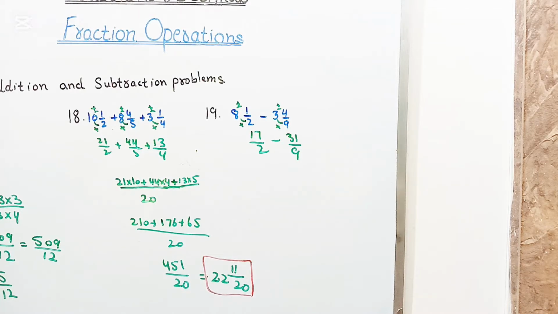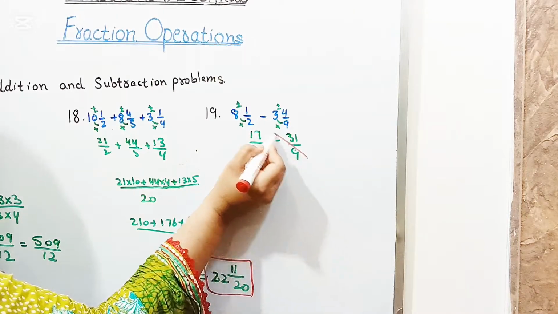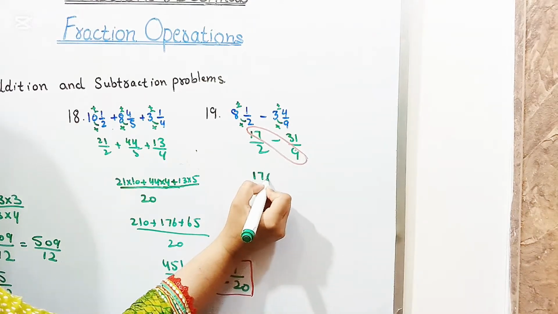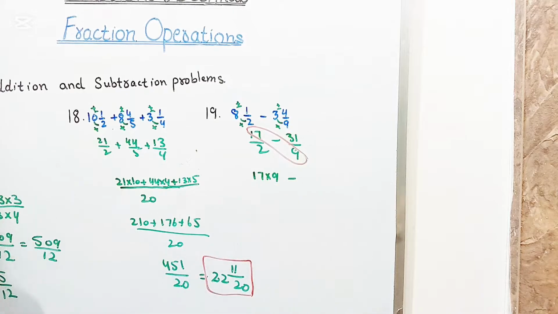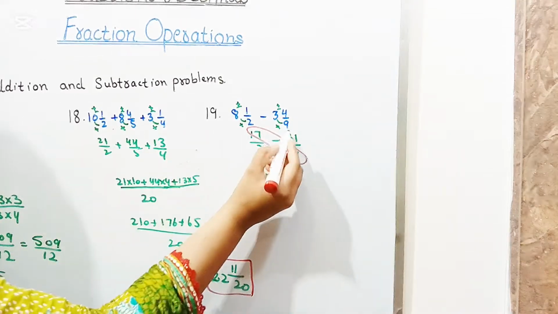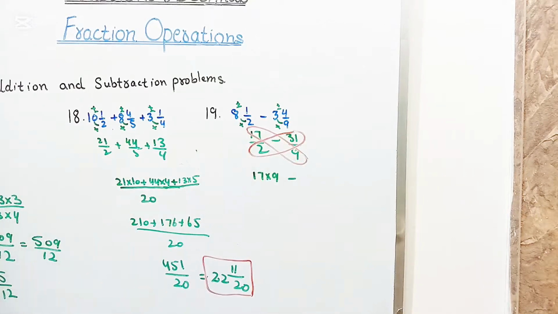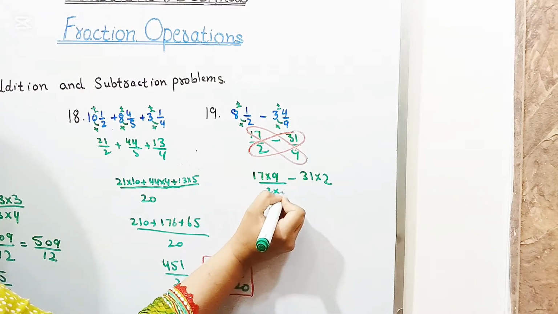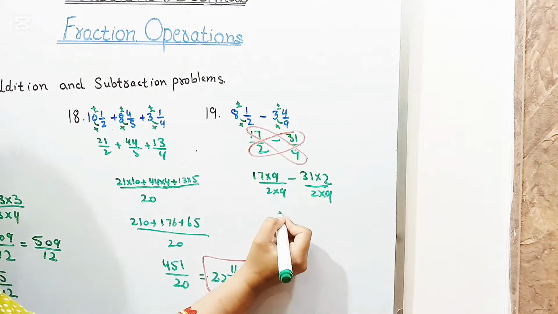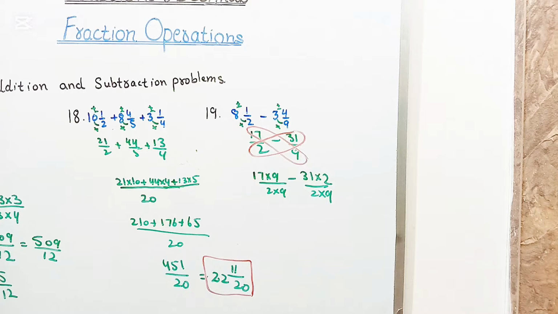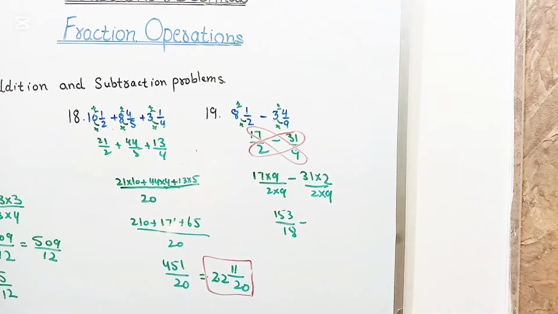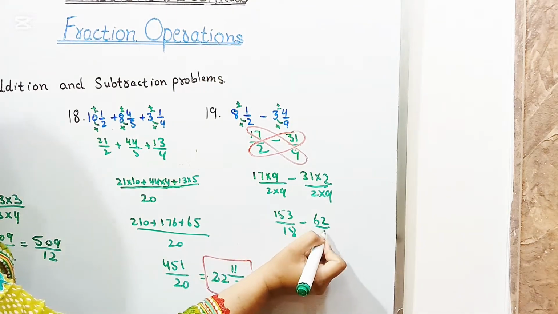So, it's very easy. We can use the butterfly method. 17 multiplied by 9 minus 31 multiplied by 2. 2 multiplied by 9, divided by 2 multiplied by 9. 17 multiplied by 9, 153 divided by 18, minus 31 multiplied by 2, it gives 62 divided by 18.